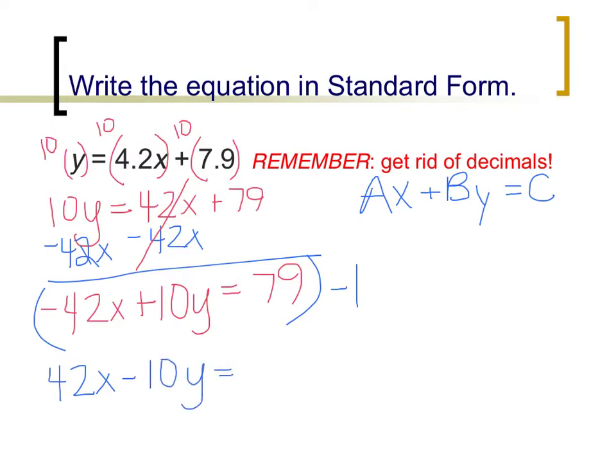That will equal, and negative 1 times positive 79 will change that to negative 79. So essentially, by multiplying by negative 1, all we did was change from negative to positive, from positive to negative, and from positive to negative. We just changed every sign in this equation to get it in the proper standard form.